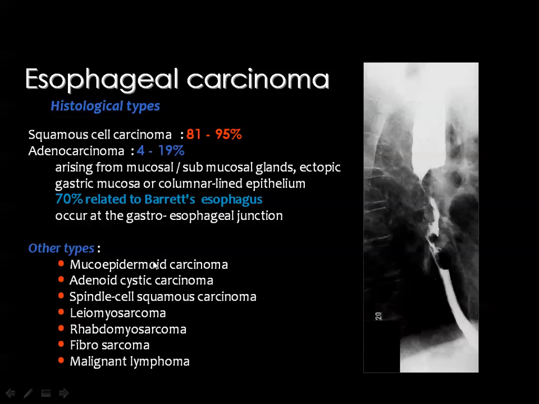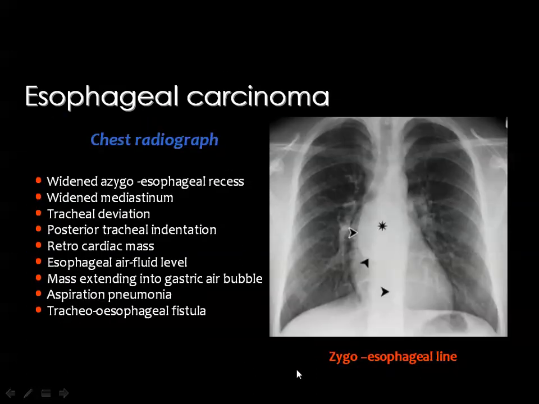Of course, there are many types of esophageal malignancies, and the two most common types are the squamous cell and adenocarcinoma.